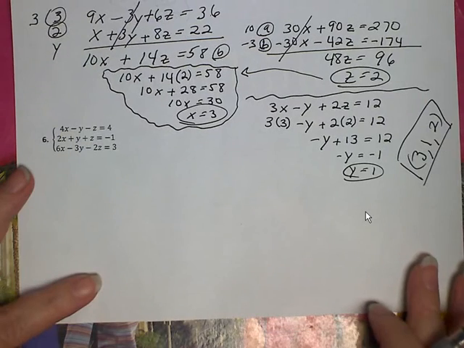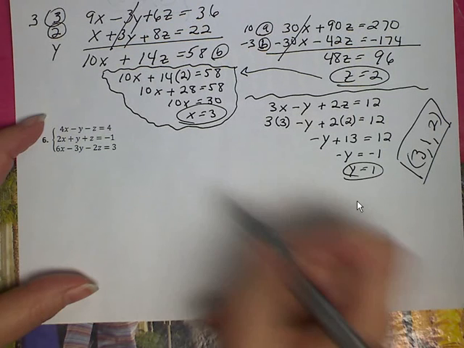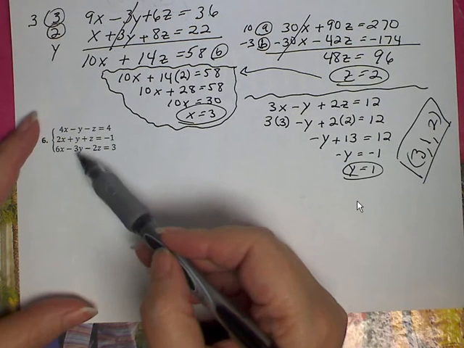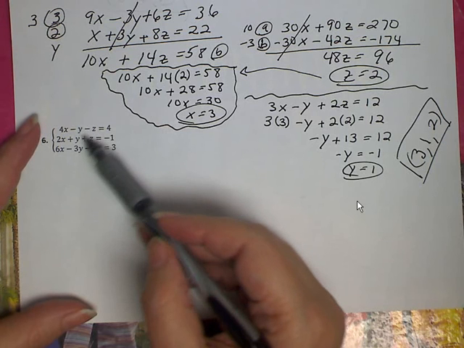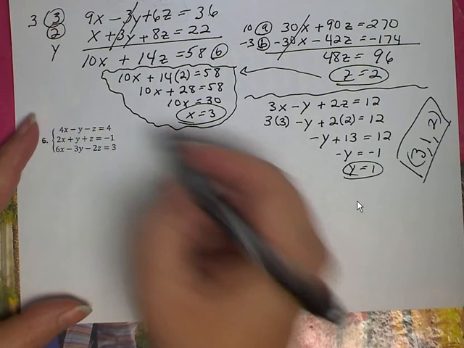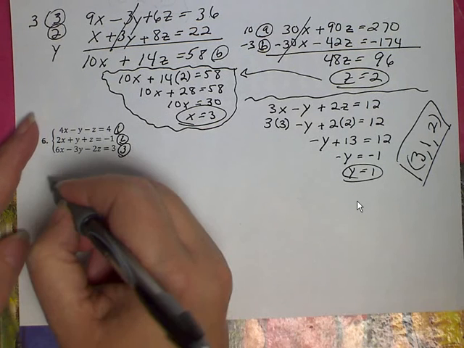All right. I have a few more minutes on this, so hopefully I can get this done. Looking at this, it looks like if I add these together, my y's and z's are both going to drop out. So I have 1, 2, and 3. So I'm going to use 1 and 2.